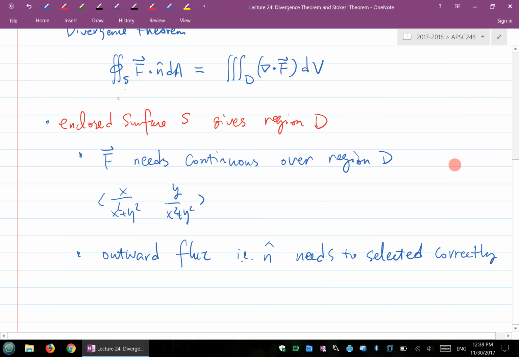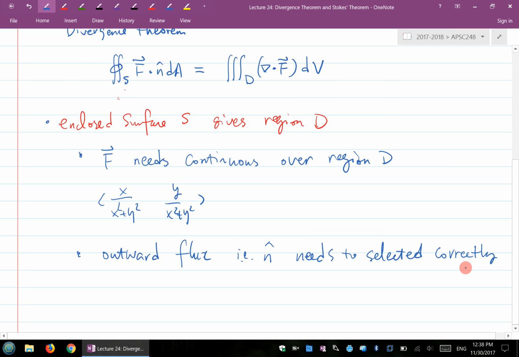If you're given an enclosed surface, what is the outward direction n hat, if you're going to calculate this using the divergence theorem? The n hat has to be picked correctly.